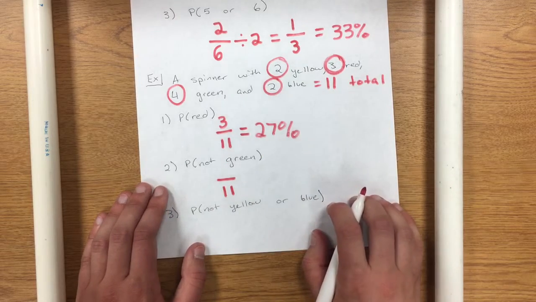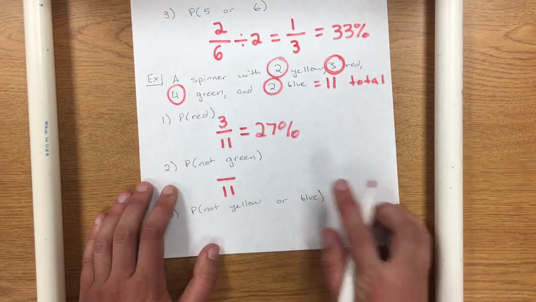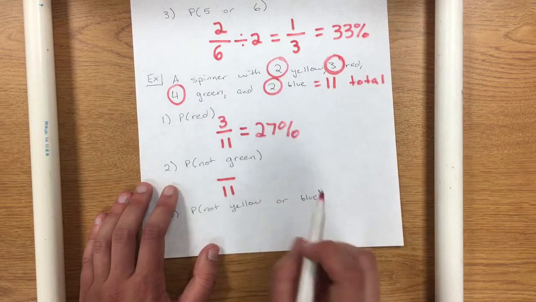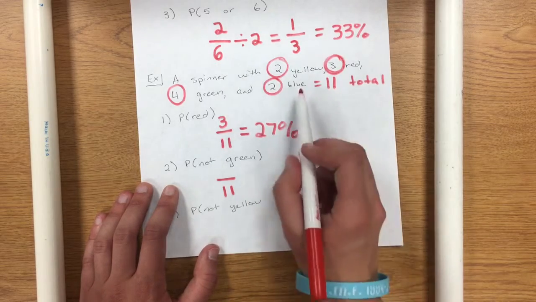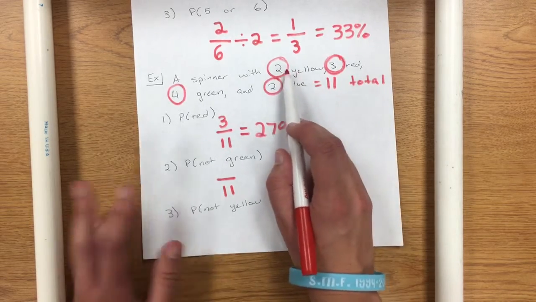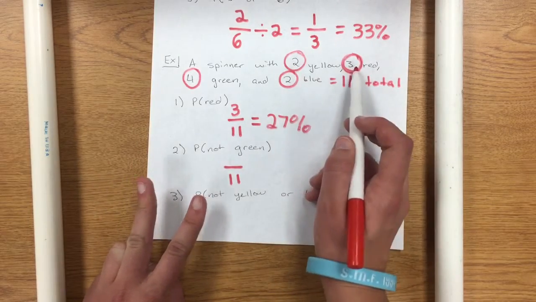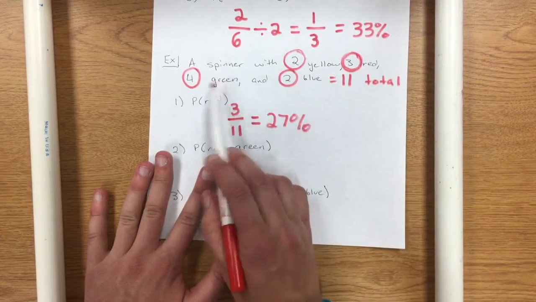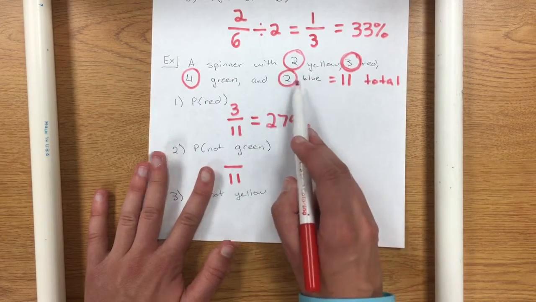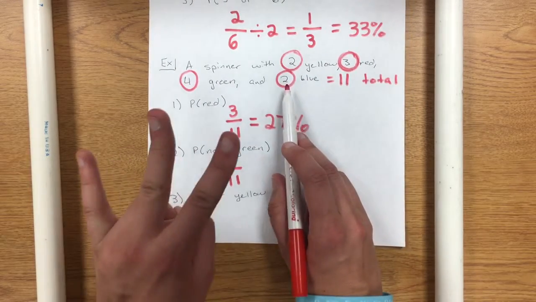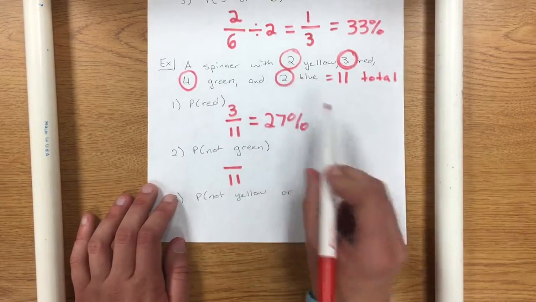Now we need to count up how many on our spinner are not green. So yellow, that's not green, 2. Red, that's not green, add 3. So we have 2 and 3, that's 5. Green, oh, we don't want those. Blue, 2 more. So we should have 7 that are not green.